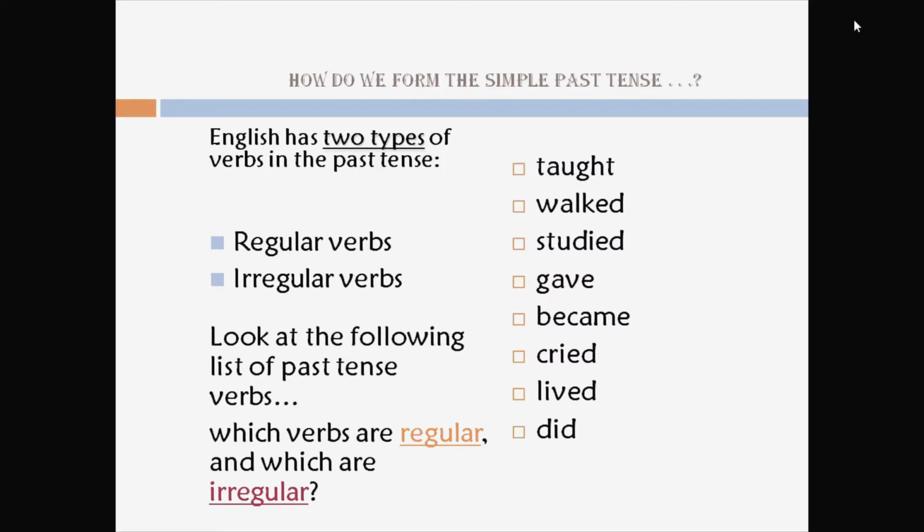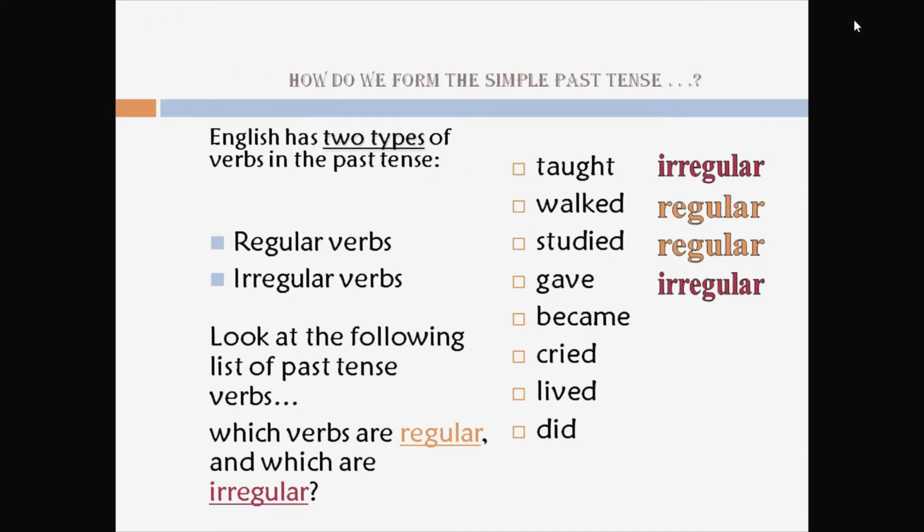Now you can comment in the box below, or else I am going to tell you, you can learn. All the verbs which end with ed, where only ed is added to the same verb, those are regular verbs. And the others are irregular verbs. Taught is irregular. It is not an ed form. Walked, it is ed, so regular. Studied is also regular.